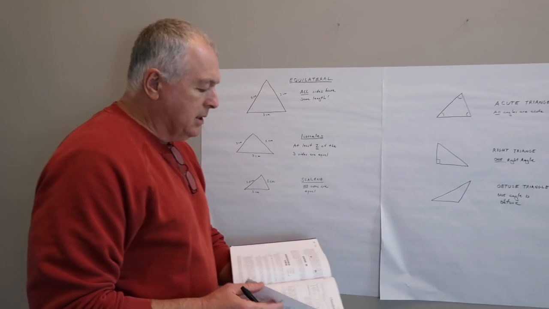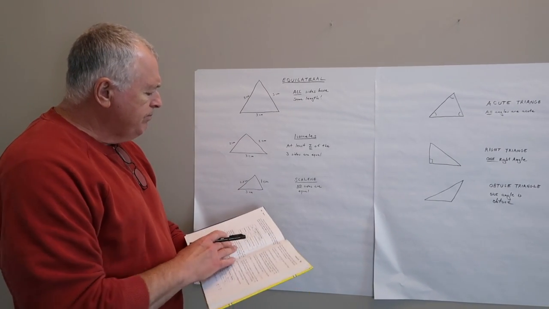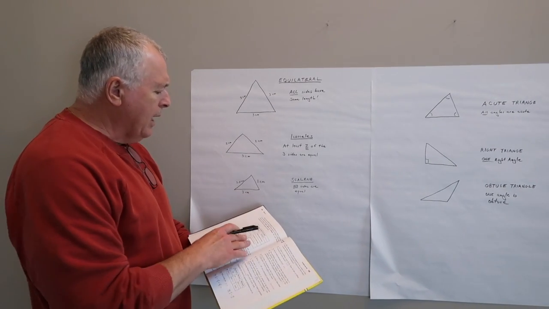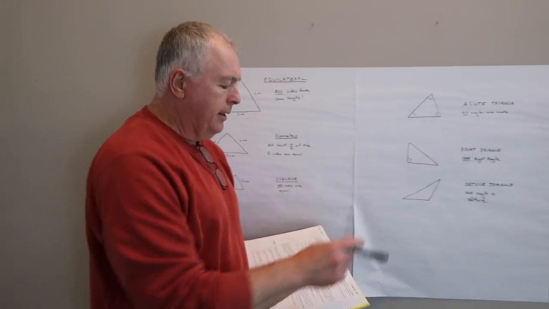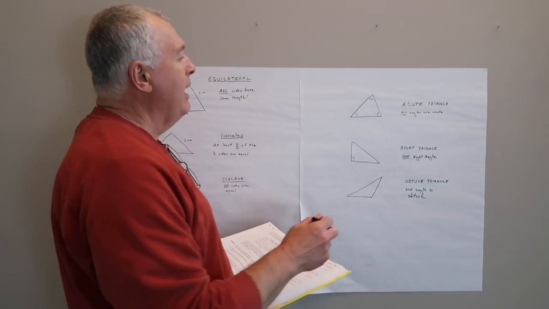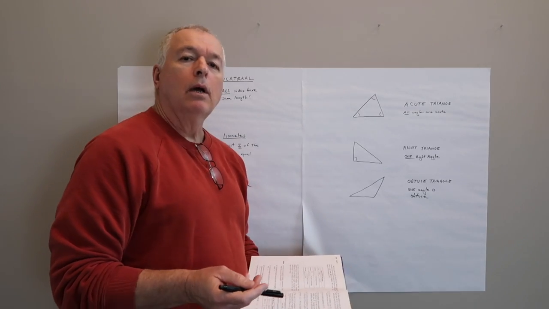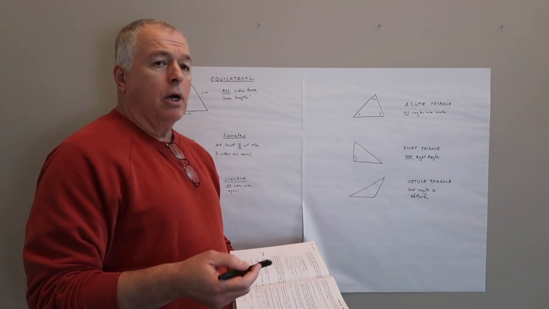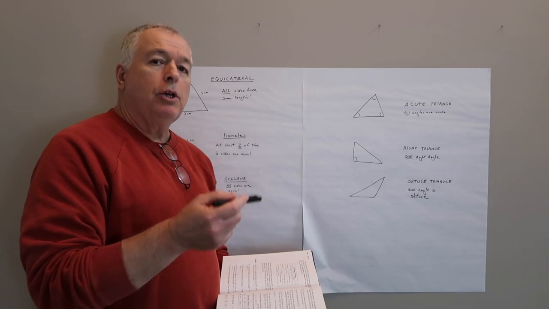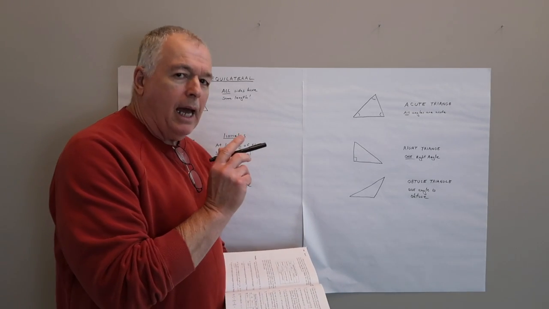So the next part of this is the triangles classified by the angles that are in them. So if we go over to this right page over here, you have an acute triangle. And you're going to have these kind of questions in your papers and everything, in your homework. So how are you going to know that that's an acute triangle? Remember what I said.